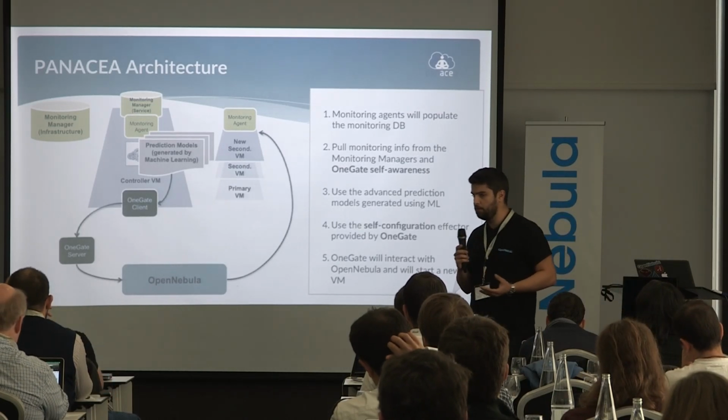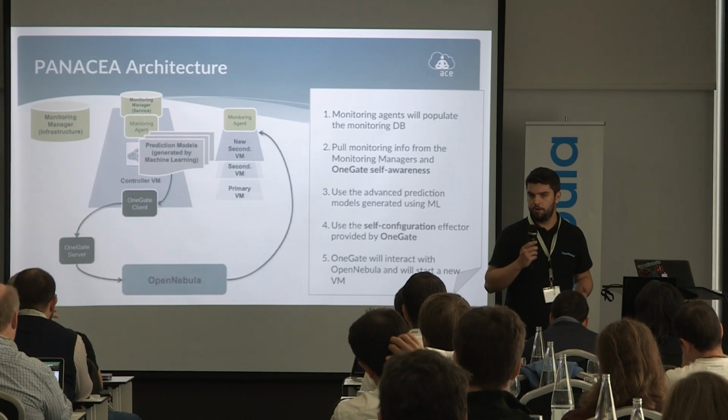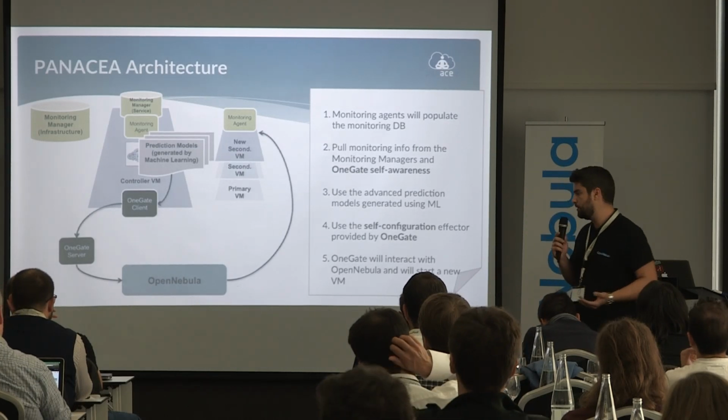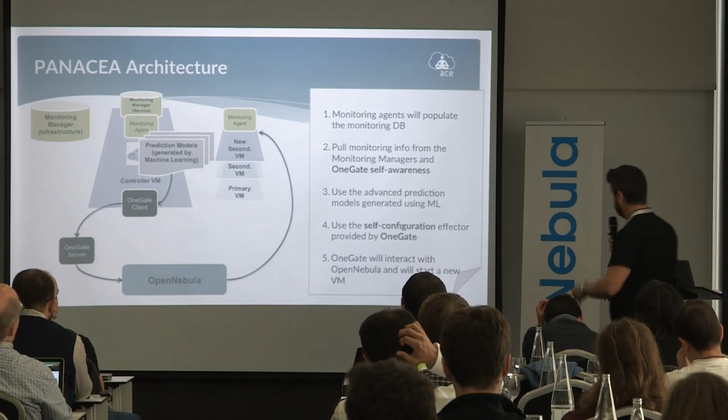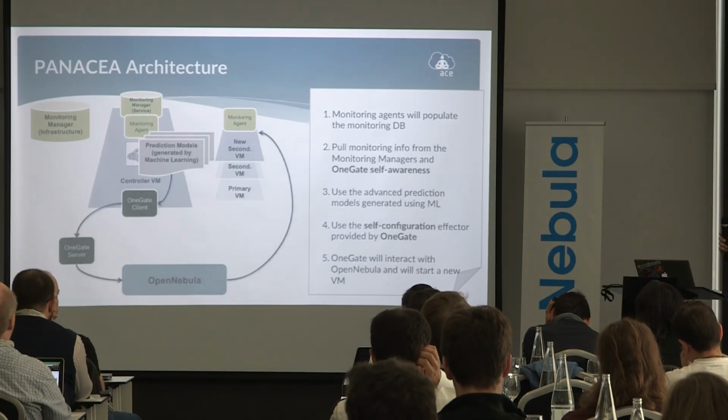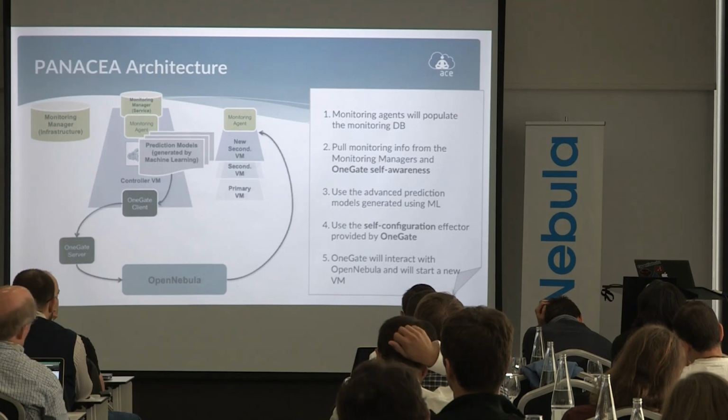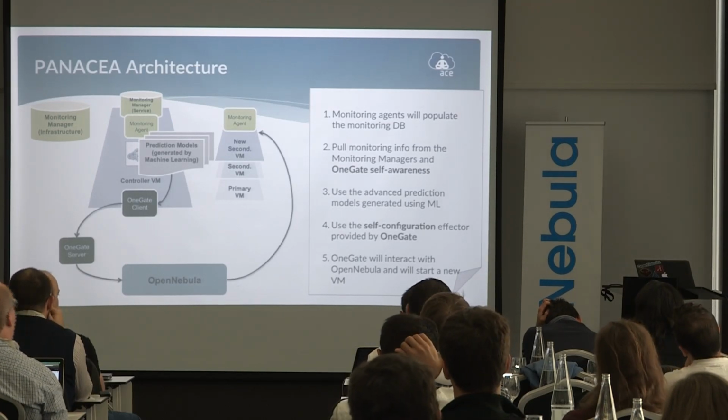For example, it could rejuvenate the application, or if it's running out of resources, it could start new virtual machines. So that would be the workflow for a service with the PANACEA framework.